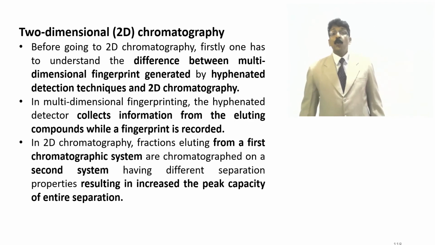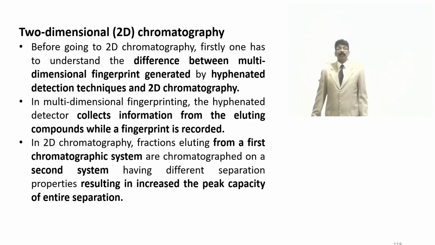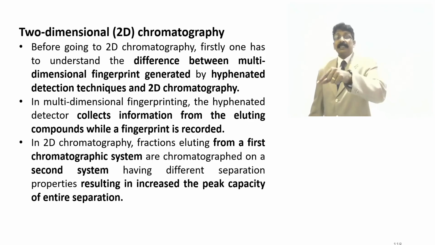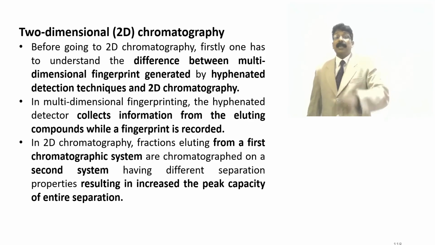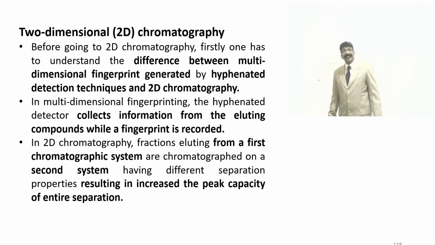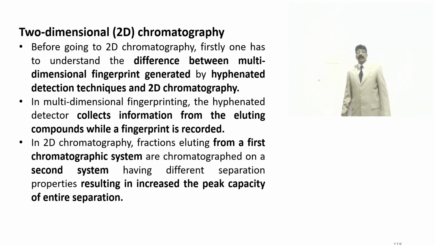In 2-dimensional chromatography, fractions eluted from the first chromatography system are chromatographed on a second system having different separation properties, resulting in increased peak capacity, and the entire separation can be done.